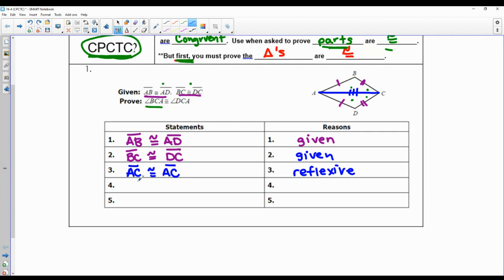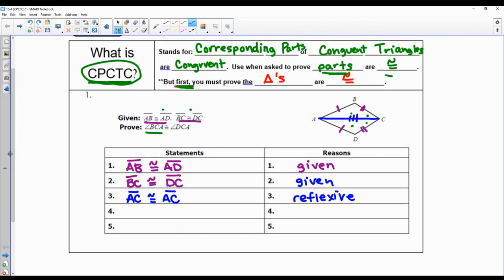Now, this is the tricky part. You do have to write the triangle in the right order. When we're trying to prove that triangles are congruent, I'm going to call this first triangle ABC, alphabetical order, nice and easy to write. Triangle ABC is congruent to. Then you've got to line up these triangles in the same order.